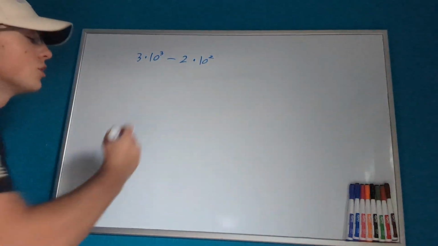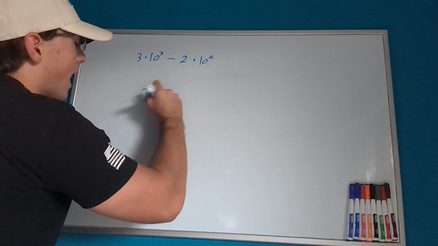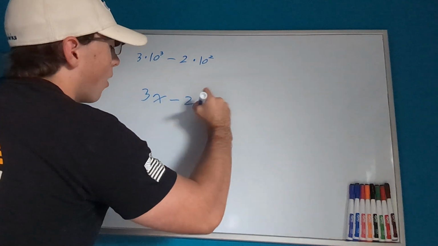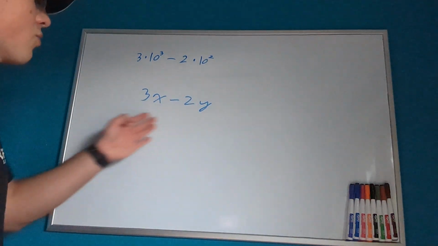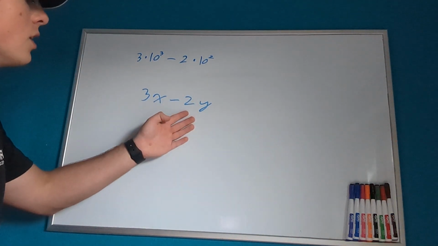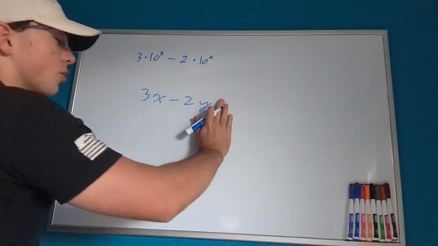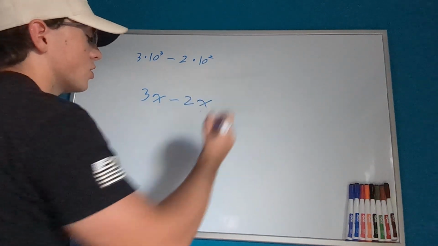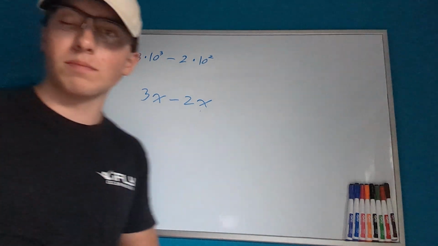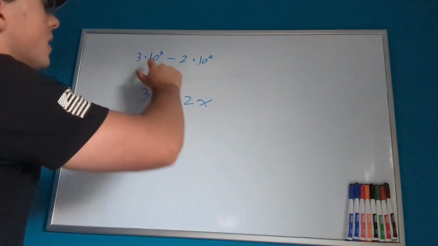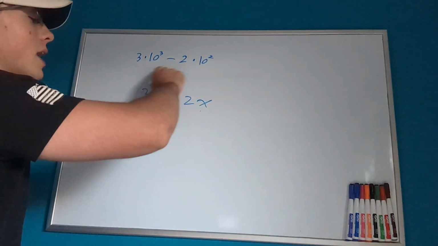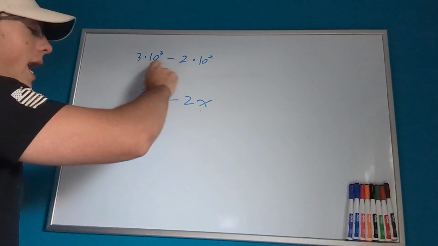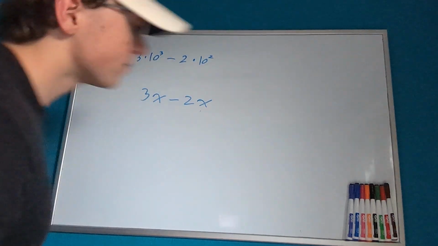If we have two numbers, like 3 to the x minus 2y, we can't subtract these from each other, right? But what we can subtract from each other is 3x minus 2x. So our objective is to think about these 10 to some power as that x or y, and we want them to match each other.